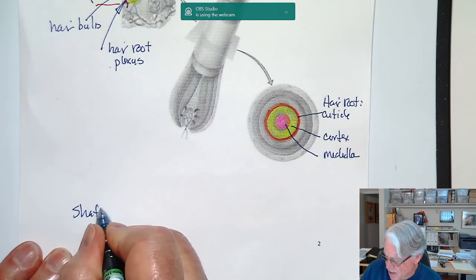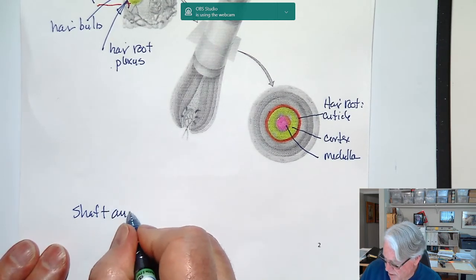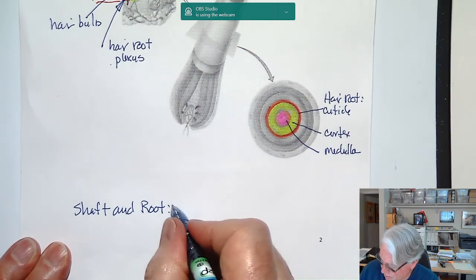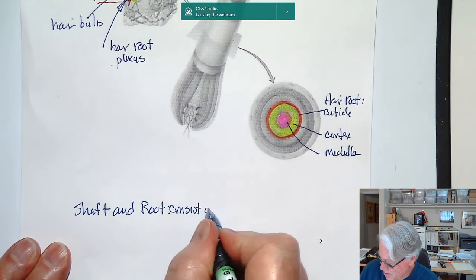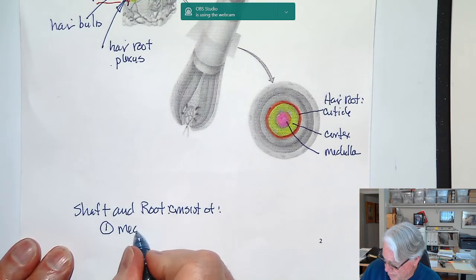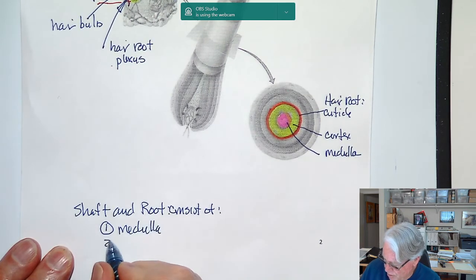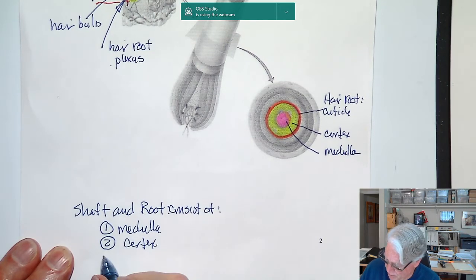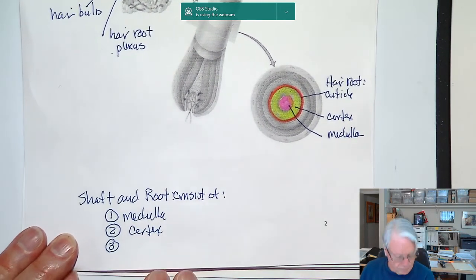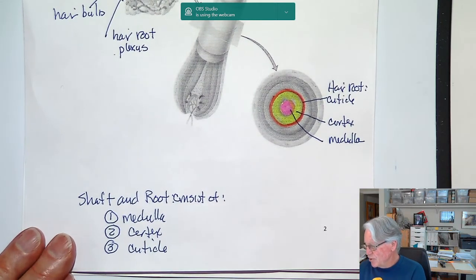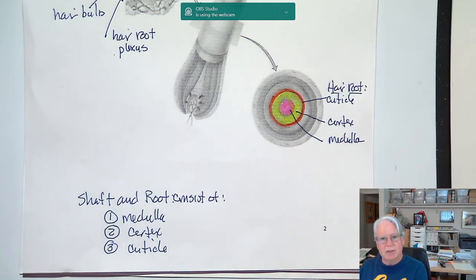So the shaft and root consist of number one, the medulla, number two, the cortex, and number three, the cuticle. And that should take care of any confusion that you might have in the future. Okay?